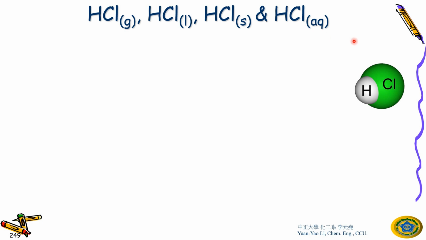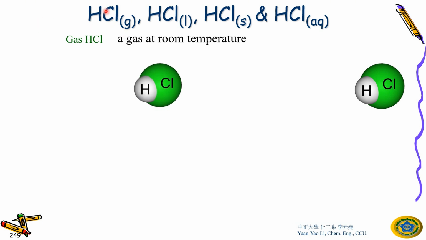Okay, so it's different. So for example, if we think of the hydrochloride in gas phase, this is gas phase, right? A gas at room temperature, these two molecules are very far away. That's what we call it. This is in the gas phase.